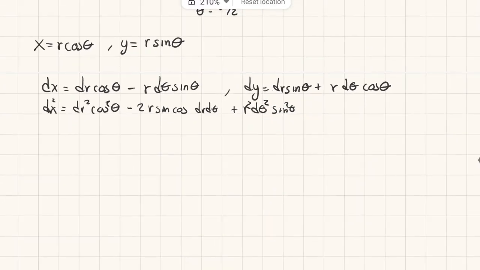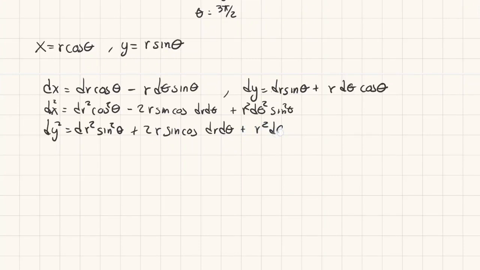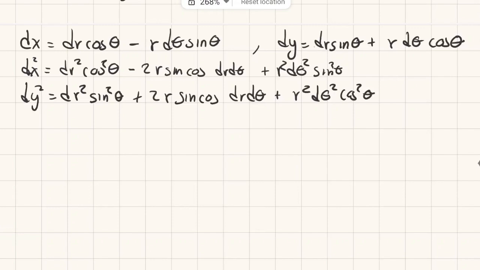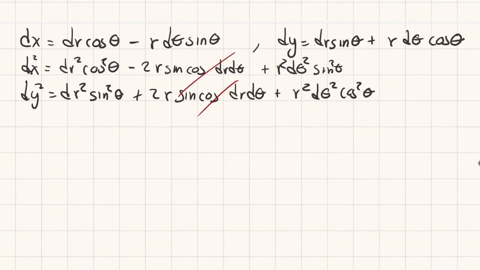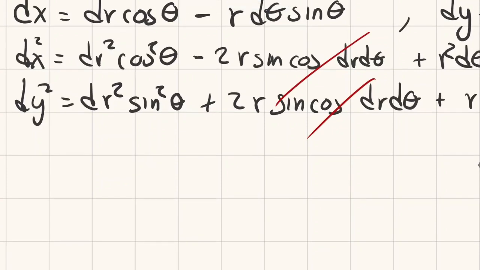Okay, and then for y we will have dy squared equals dr squared sine squared theta plus 2r sine cosine dr d theta plus r squared d theta squared cosine squared theta. So looking that we need to sum these two quantities, we cancel this element with this element, and we see that we have cosine squared plus sine squared.